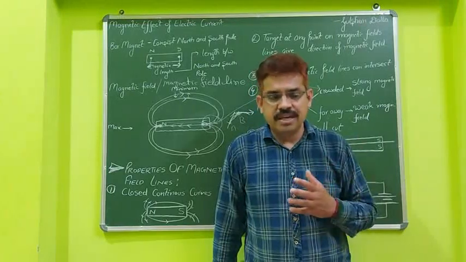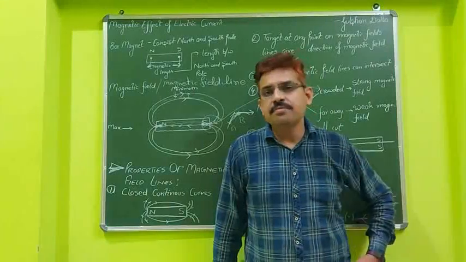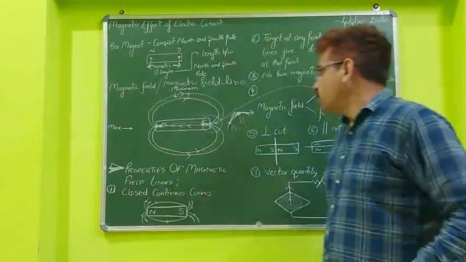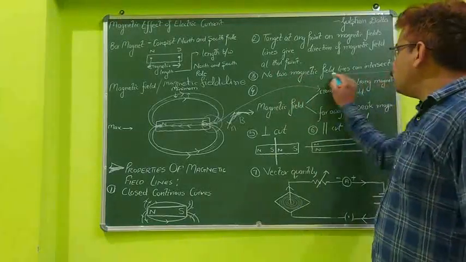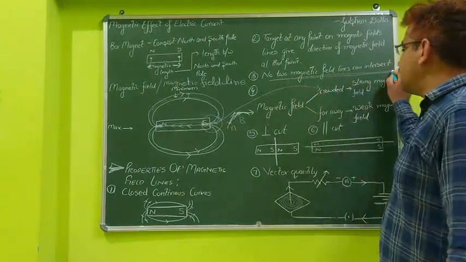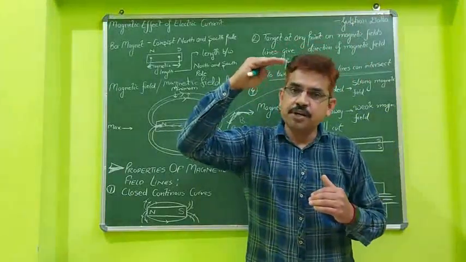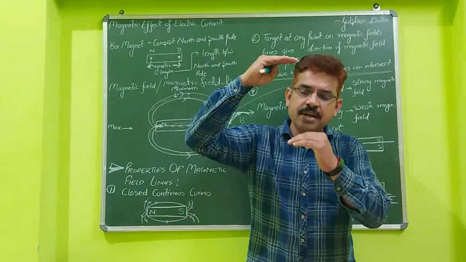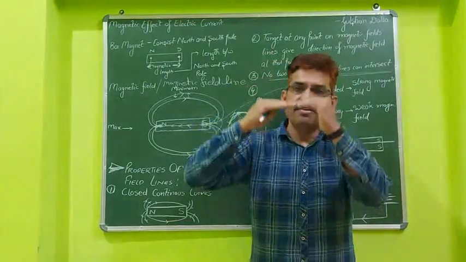If the layers are far from the solid surface, they move with a faster velocity. Similarly, no two magnetic lines intersect each other. The top layer continues, the lower layer continues, and their speeds differ, but they never intersect each other.